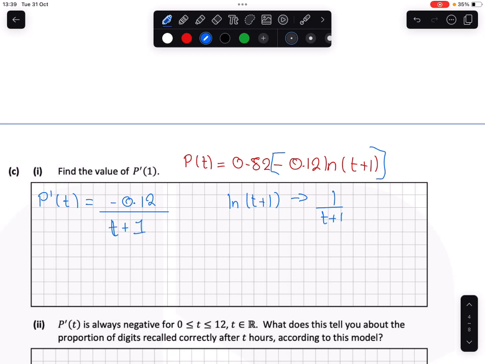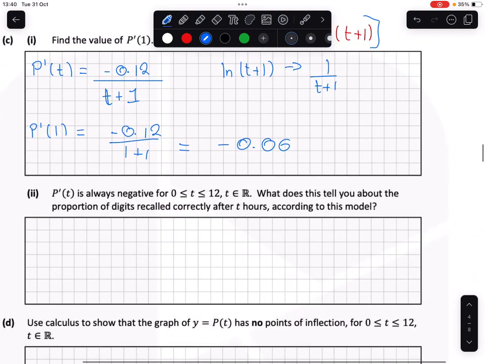Now we want to find the value of p prime when we sub in 1. That's going to be negative 0.12 all over 1 plus 1, which is negative 0.06. p prime of t is always negative for values between 0 and 12, where t is a real number. What does this tell you about the proportion of digits recalled correctly after t hours?